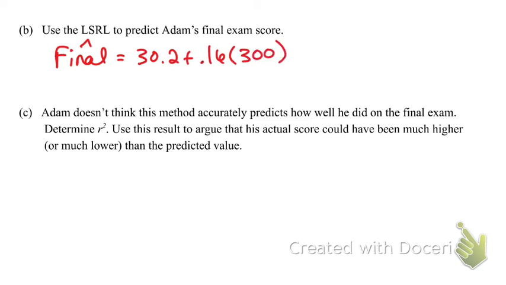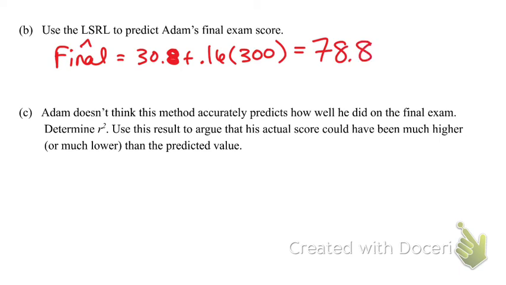It's 300, because little Mr. Adam had 300 points going into the final exam. So you just plug it in your calculator. 30.2 plus 0.16 times 300 is 78.2.